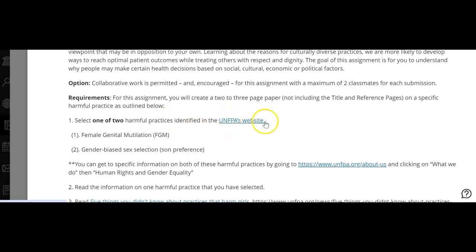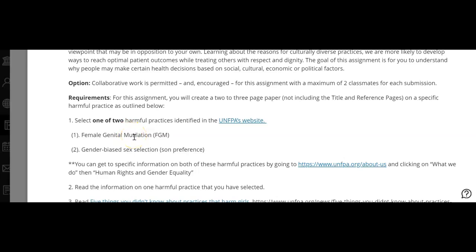You're going to find that information right here on the UNFPA's website, either female genital mutilation or gender bias sex selection, also called son preference. So the preference in having a boy as a child. And then female genital mutilation is a harmful practice to women.